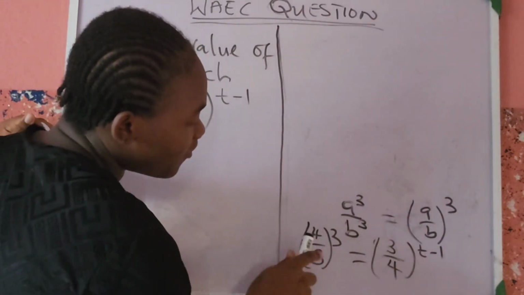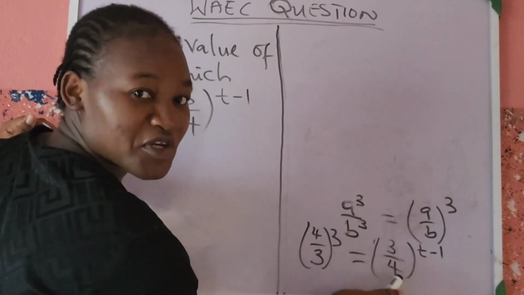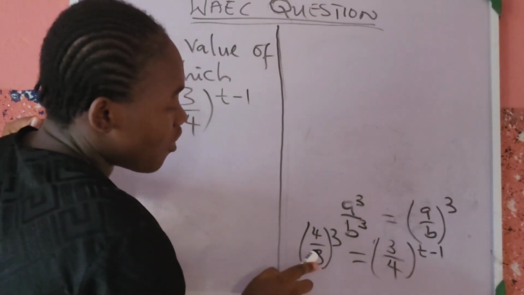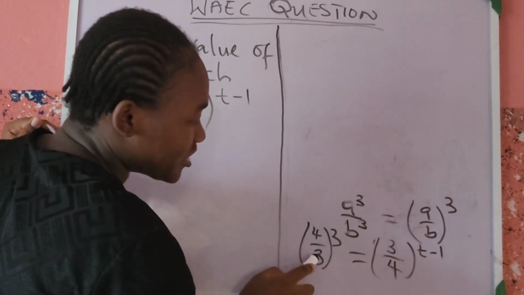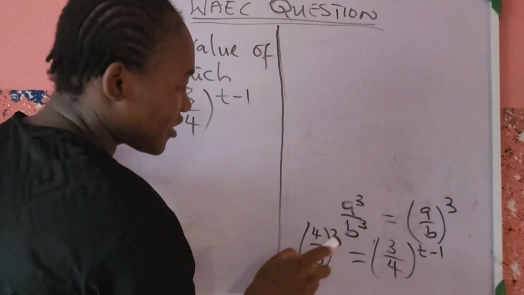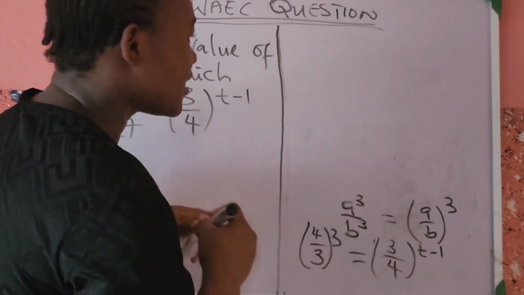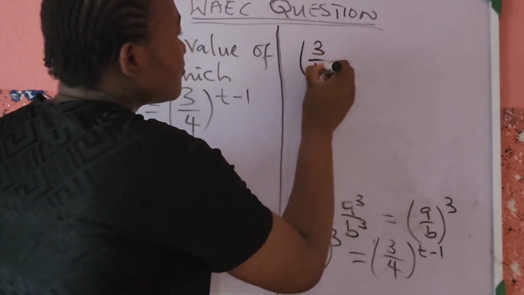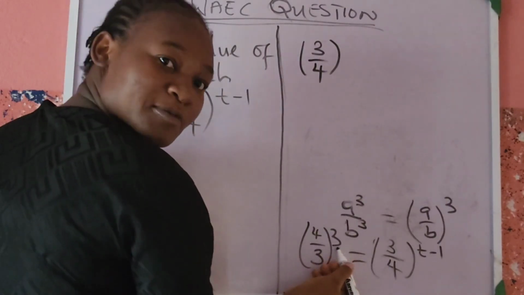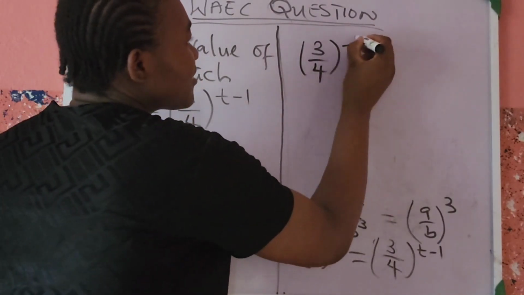From here we have 4/3 and we have 3/4 here. For us to make this fraction look like this, we'll interchange the numerator and the denominator, and our power will become negative. So our 4/3 becomes 3/4, and our positive 3 becomes minus 3.